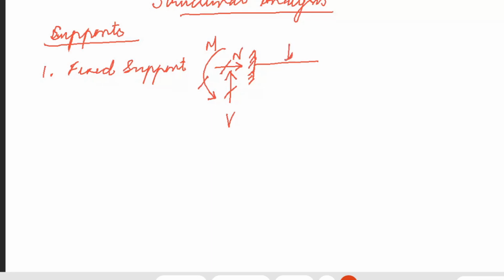Now, as per the equation of equilibrium, let's say the structure has some load W. Because of this load W, there will be a moment at point A. At point A, I need a moment resisting reaction. This is your resisting moment, which we have to calculate, right?